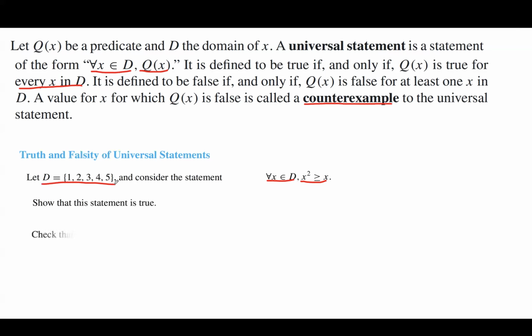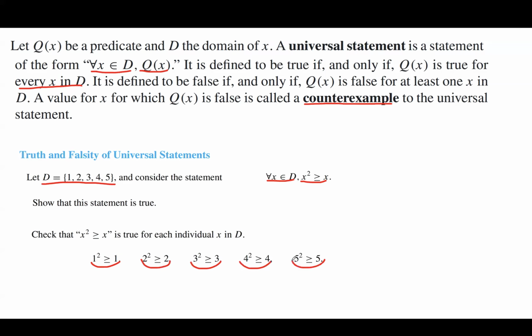For every single value in the domain, like 1, 2, 3, 4, and 5, this inequality proves to be true, because 1 squared is more than or equal to 1, 2 squared is more than or equal to 2, 3 squared is more than or equal to 3, 4 squared is more than or equal to 4, 5 squared is more than or equal to 5. So this universal statement is true when the domain is like this. If I change the domain, then I get different answers. It might not be true all the time.